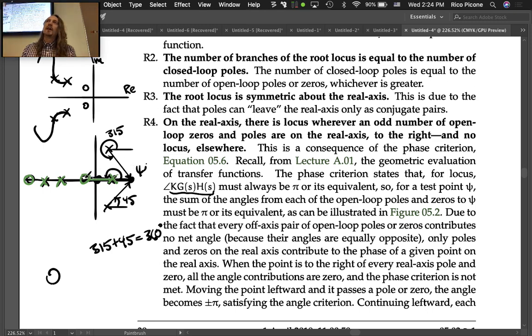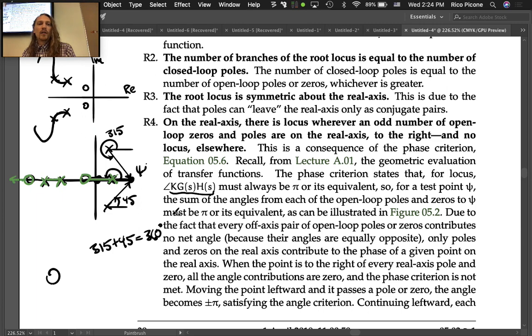Until you get to the zero, which has a pi contribution again, which takes us back to 0 or 360. So we have none in here until we cross over another one, and then we've got locus, no locus, locus again, and then, assuming this is the last one, it goes off to infinity that way.